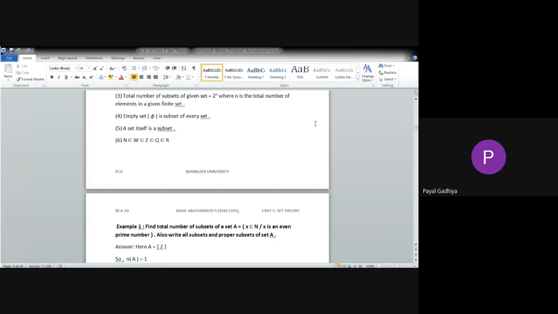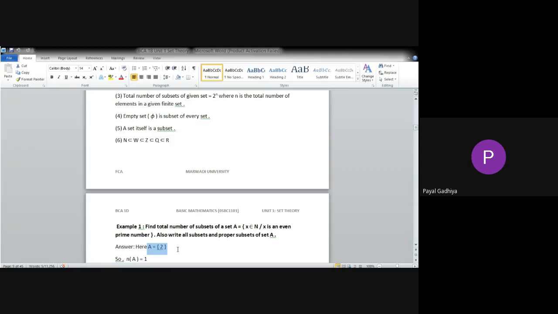So, n is the number of elements in the set. Now, what is the number of elements in the set A? Only one. So 2 raised to n will be 2 raised to 1, and that will be 2. So there we'll get only two subsets. Now, which subsets will be there? Null and 2. Yes, the singleton set and the null set.